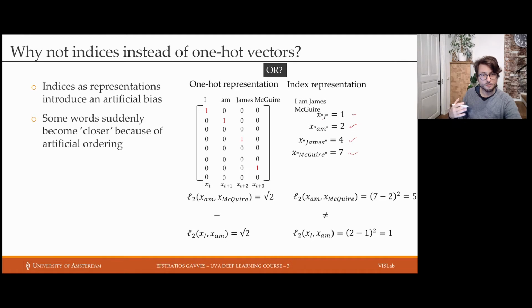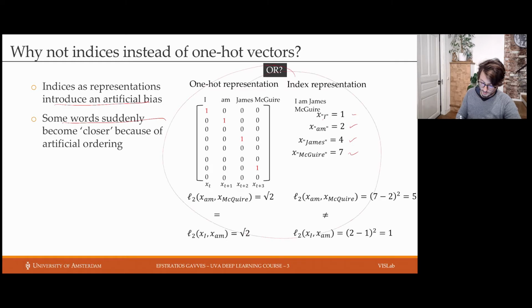Well, if we use indices like that, so the natural numbers, as a representation for our words, we are introducing an artificial bias, because suddenly some words become closer to each other for no apparent reason other than the random location that they have in our vocabulary.